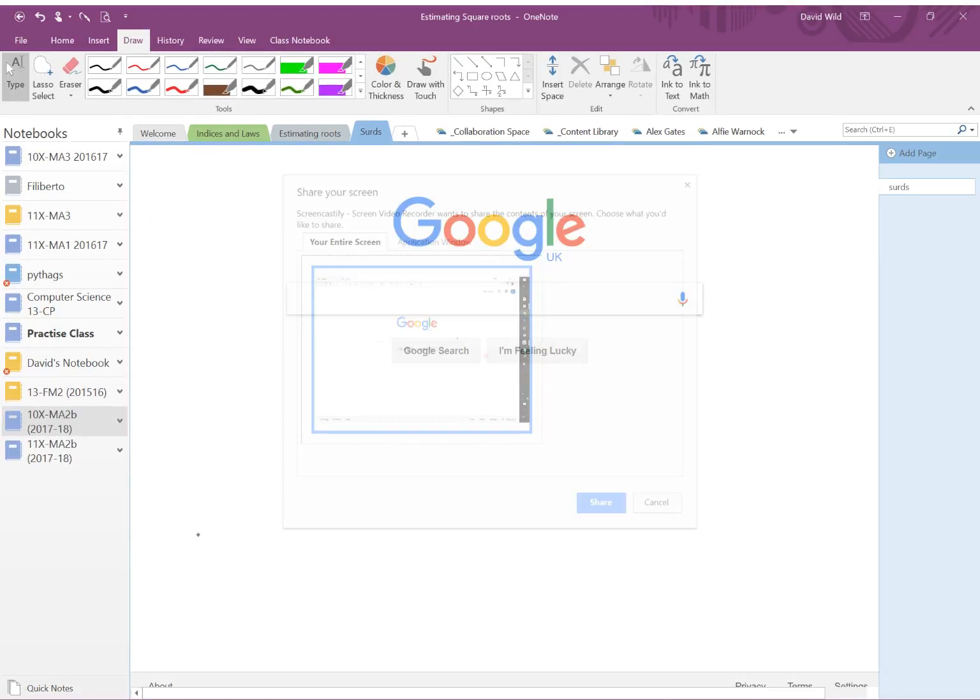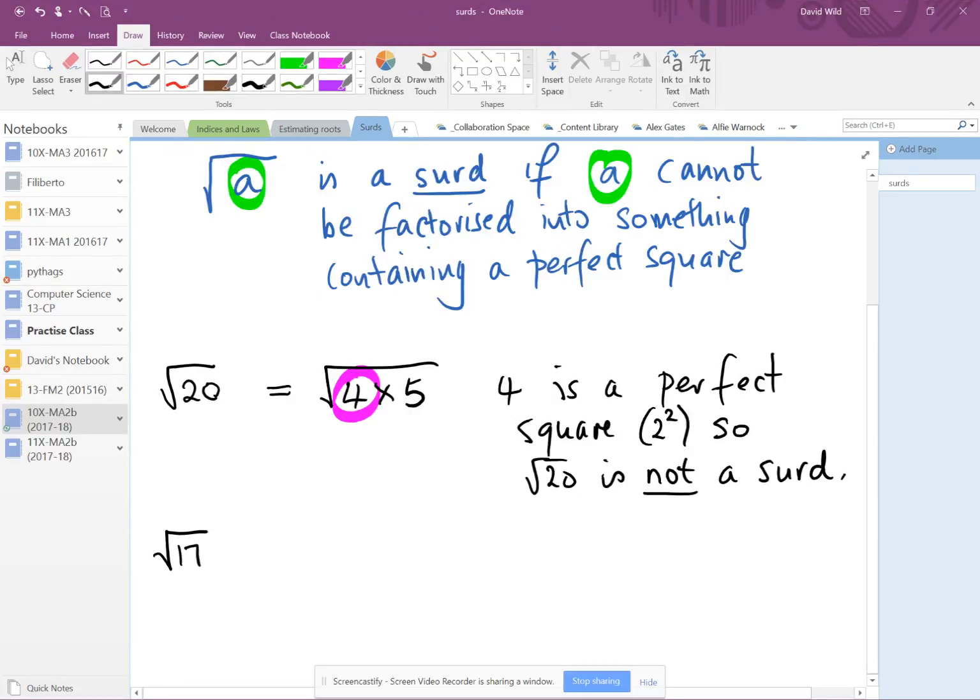How about root 17? Is that a surd? It can't be factorized into a perfect square. In fact, 17 is a prime and therefore can't be factorized other than 1 and 17. And 17 obviously can't be further factorized.